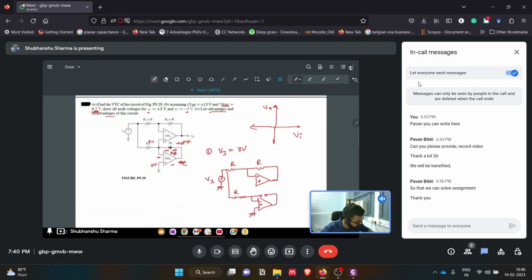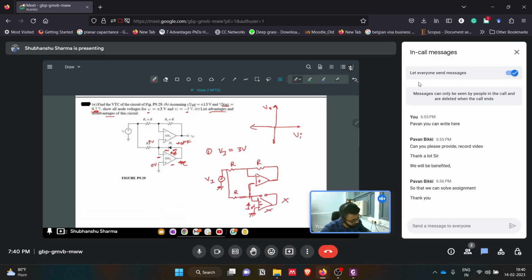So this op amp will not work, and we cannot say the virtual short concept applies. This is 0 volts, so we cannot say this is also 0 volts, because there is no negative feedback.